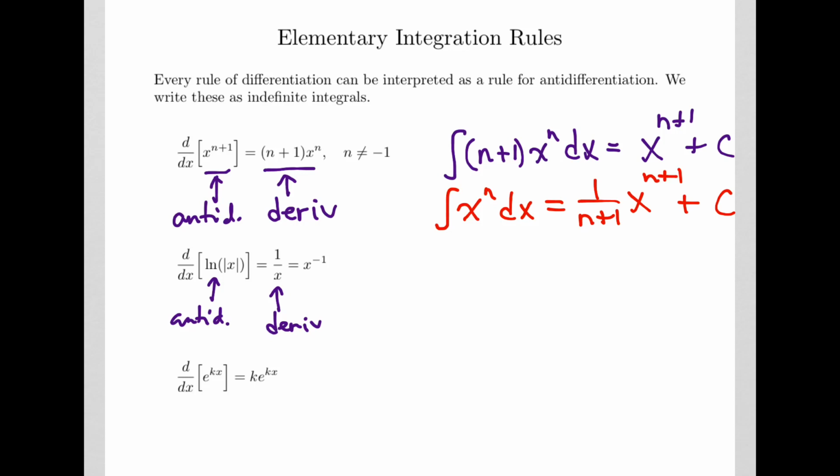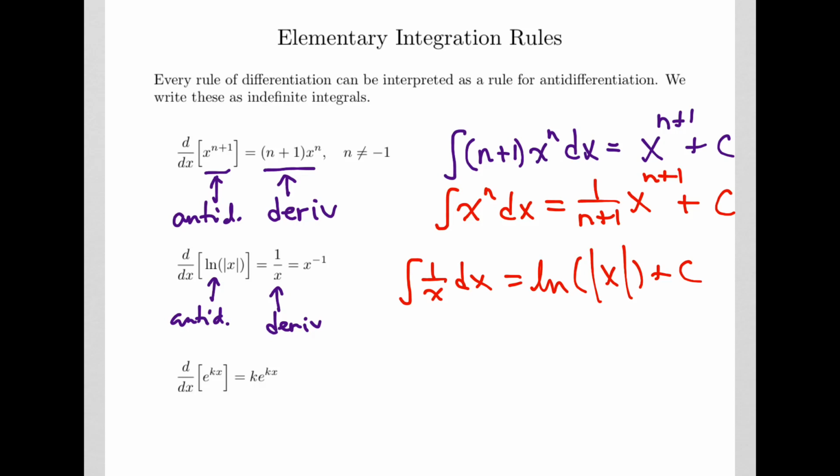So our rule of integration says if I integrate the derivative, we should get back to the original function, the natural log of the absolute value of x plus a constant.